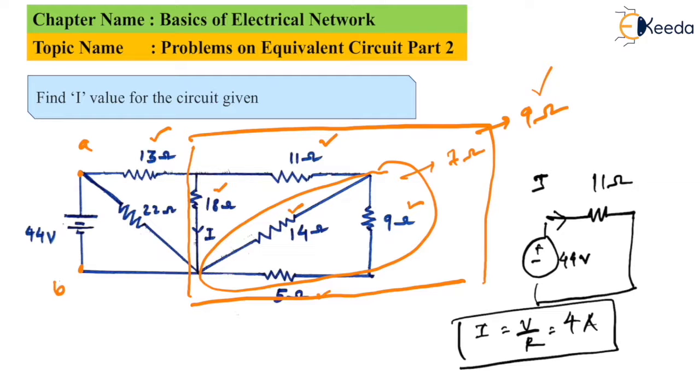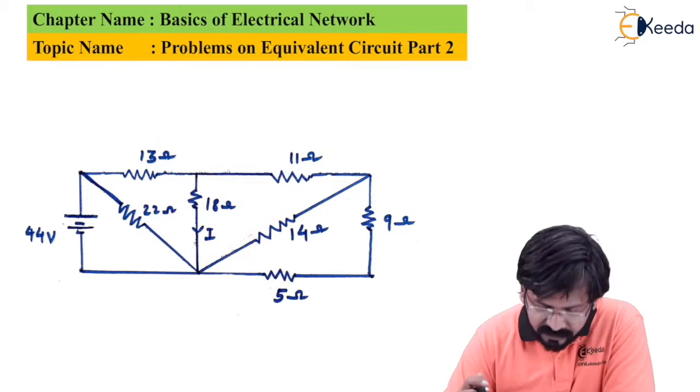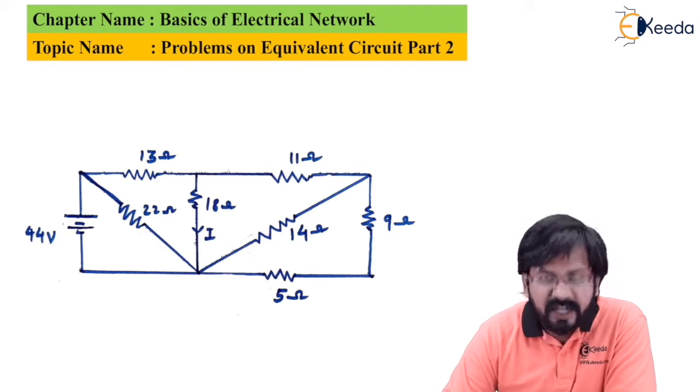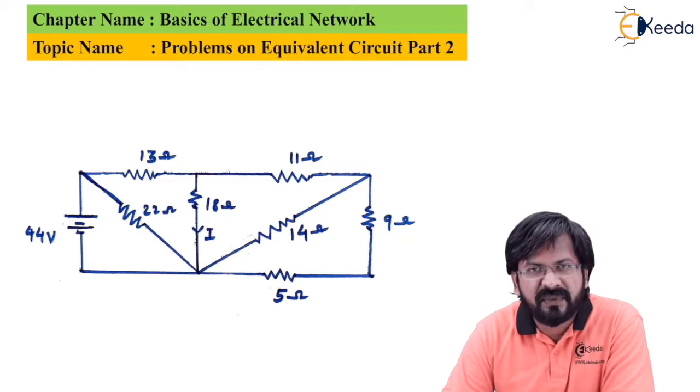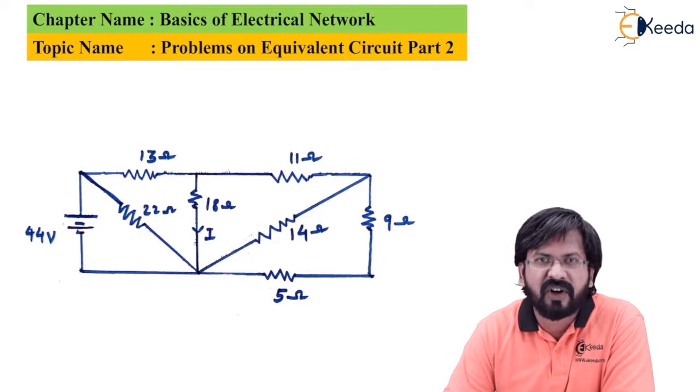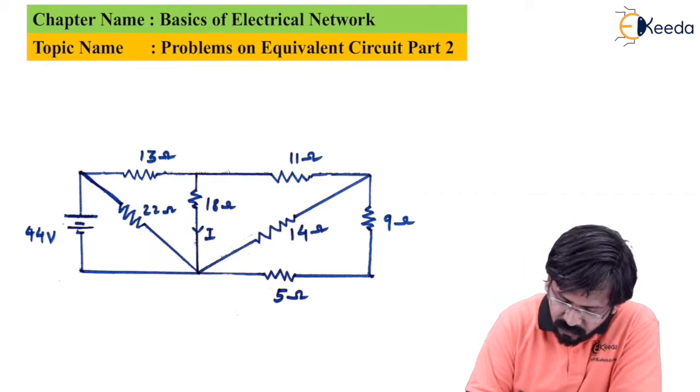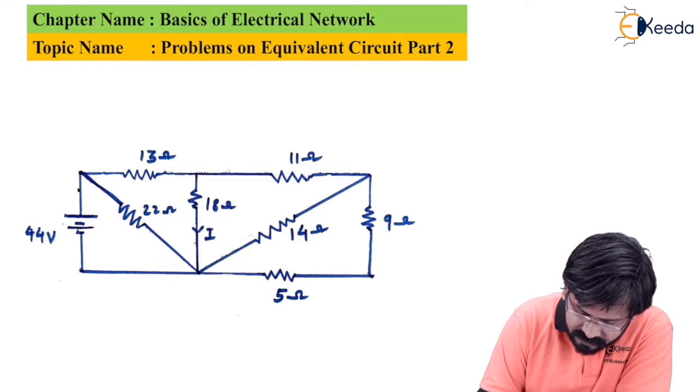Now we will see how to deal with this problem and how to get the value of the current which is asked. As we have seen, the equivalent resistance of the whole circuit was 11 ohms, and therefore I got the resultant current or battery current, which was equal to 4 ampere. So this is 4 ampere current.